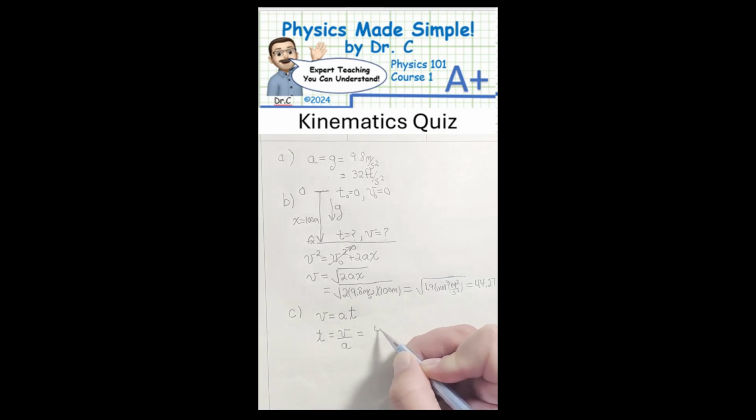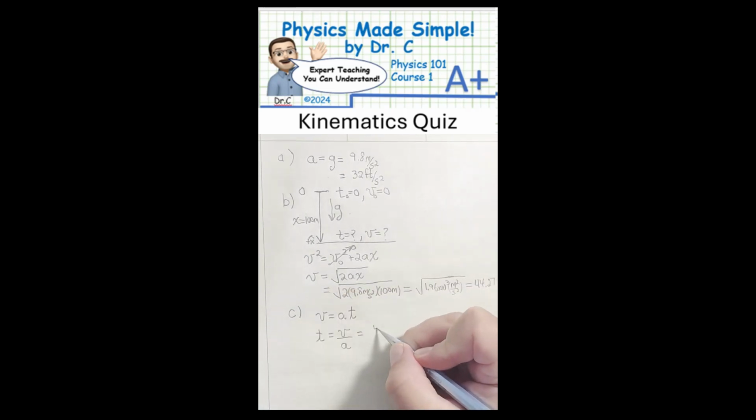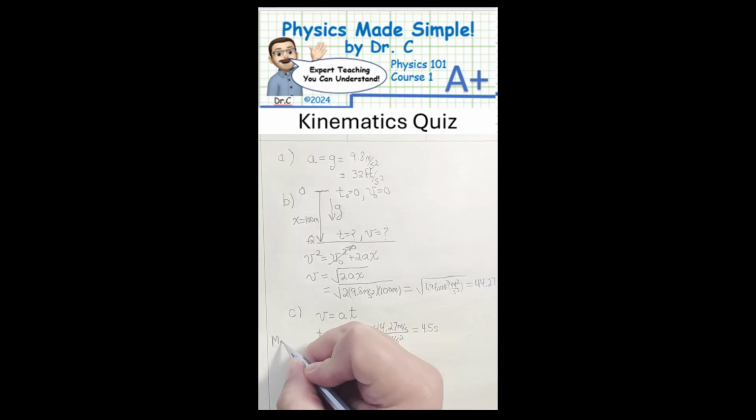This is equal to 44.27 meters per second divided by 9.8 meters per second squared. Doing the math, this becomes 4.5 seconds. So that's the time using constant acceleration, method 1.